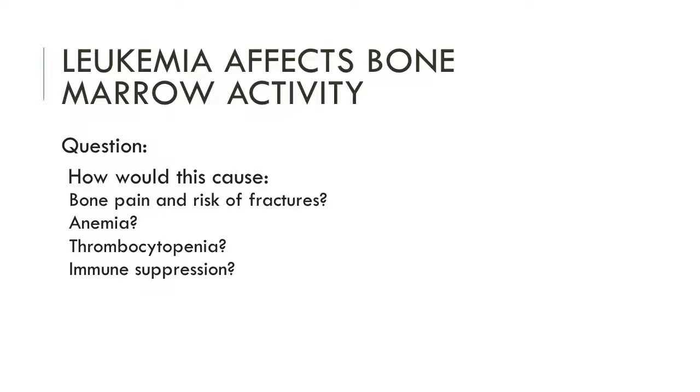Some of these other things that we've talked about are associated with symptoms of fatigue. So if you're anemic, you're going to be fatigued. They may have low-grade fevers, night sweating, and weight loss due to that rapid proliferation and hypermetabolism of those leukemic cells.